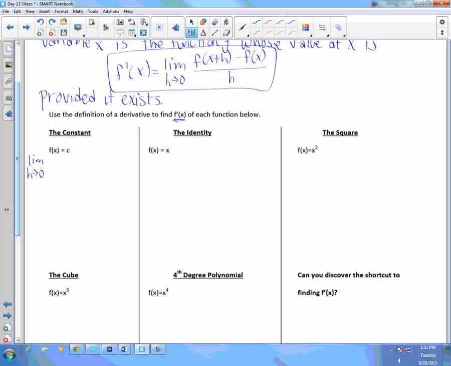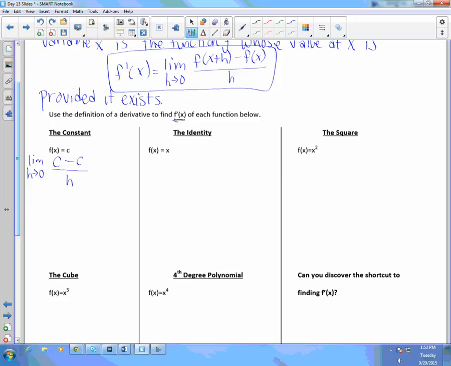Okay, f of x plus h. If we're using a constant, that's just a number, right? So is there anything to plug into? No. So c remains c. Minus, after that, the original function. What is the original function? c, all over h.